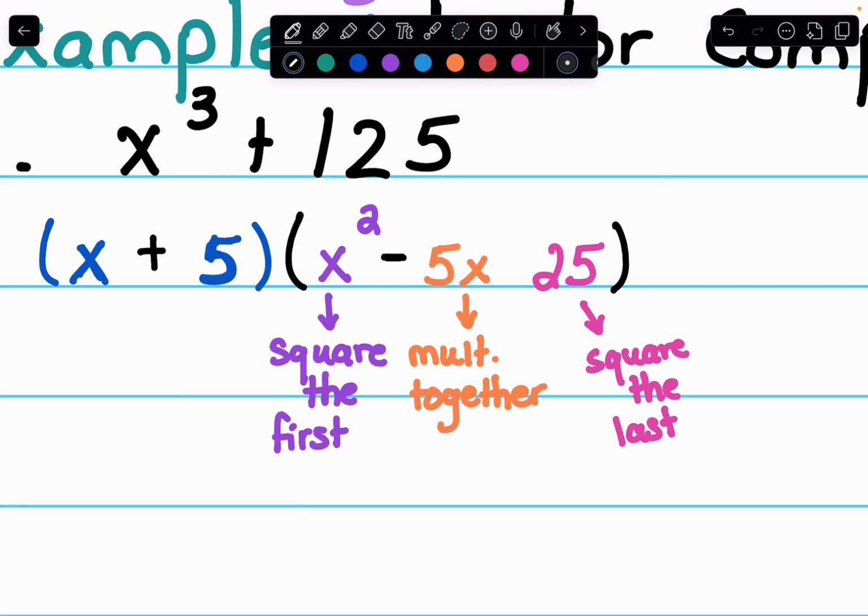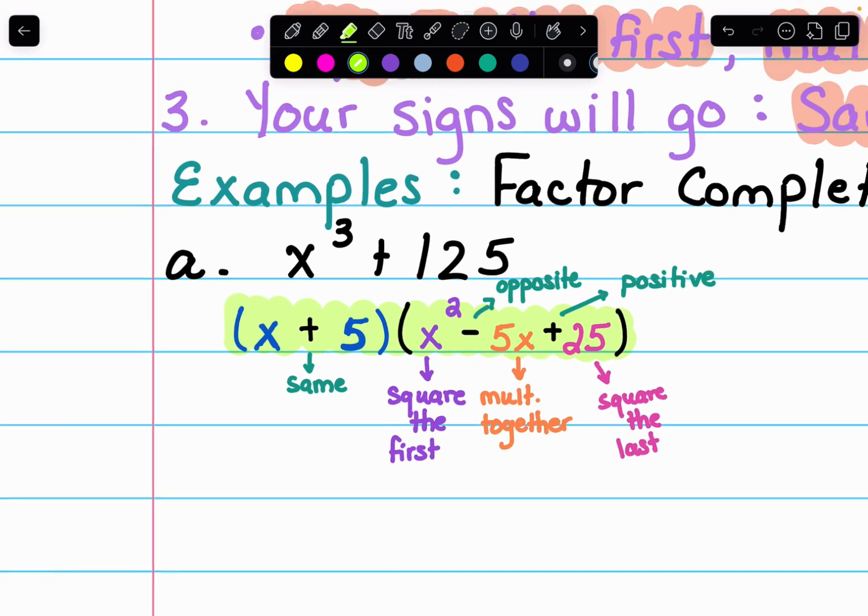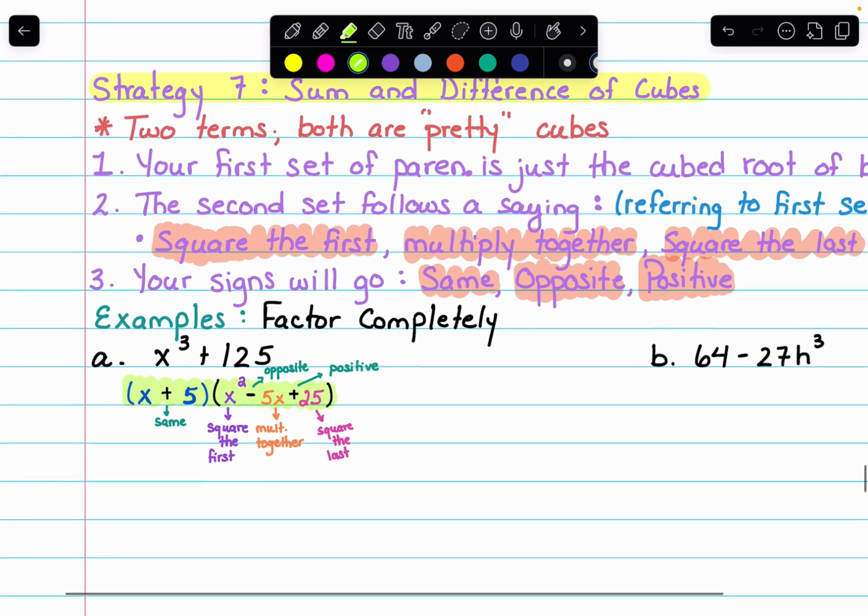The opposite of whatever I just did. The last one will always be positive. So that went same, opposite, positive. Square the first, multiply together, square the last, same, opposite, positive. And that's your answer. Okay? Again, if we don't memorize that highlighted stuff, we miss it.